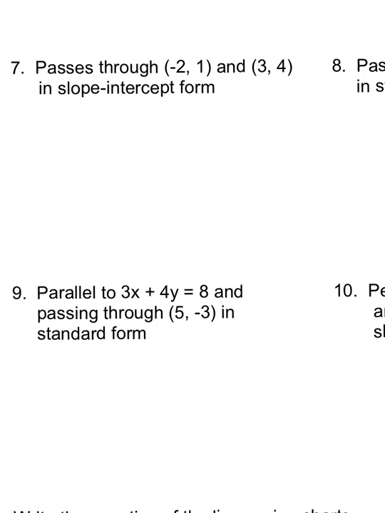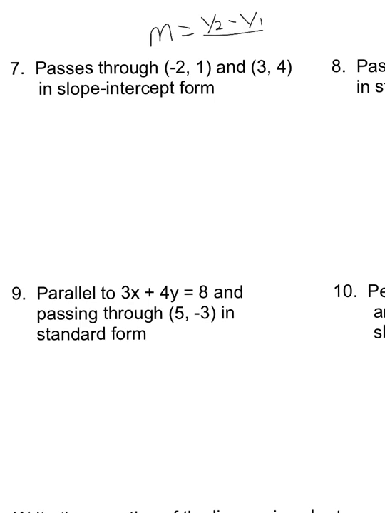There is no y-intercept available on this one, so I'm going to have to find my slope. Remembering back to the previous lesson, the formula for slope is y2 minus y1 over x2 minus x1. So we go ahead and label these. X, y, x, y. These came first, these came second.